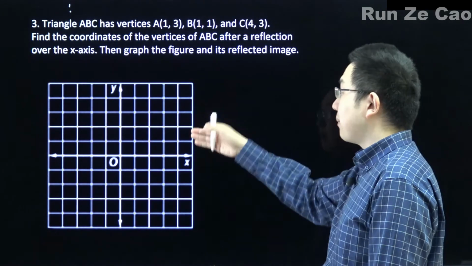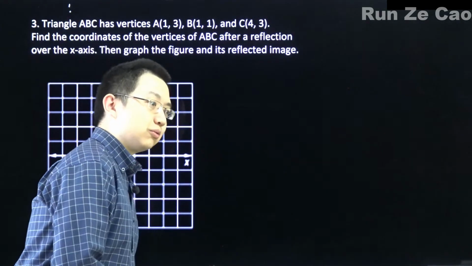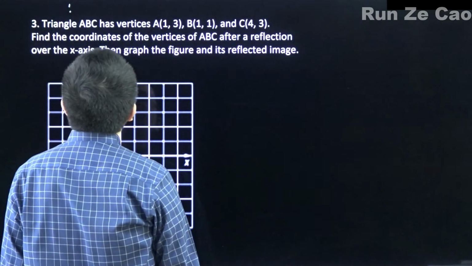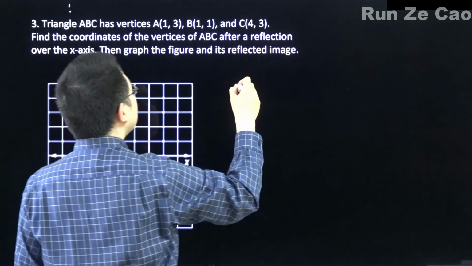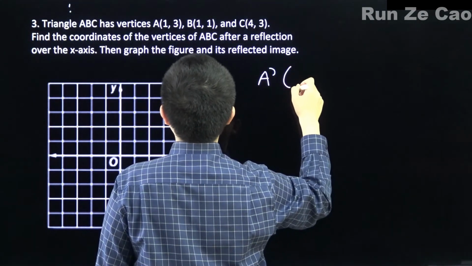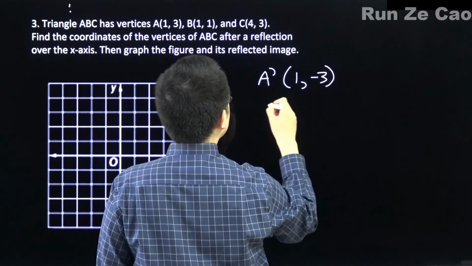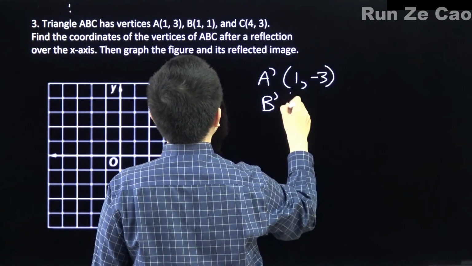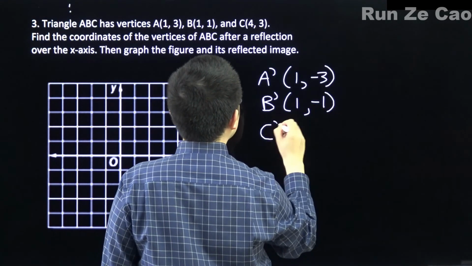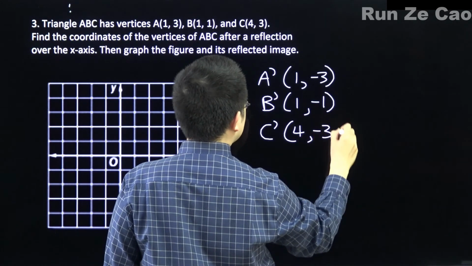It's just the same amount, the same magnitude, the same absolute value. Okay, so A prime is going to be 1, negative 3. B prime is going to be 1, negative 1. C prime is 4, negative 3.